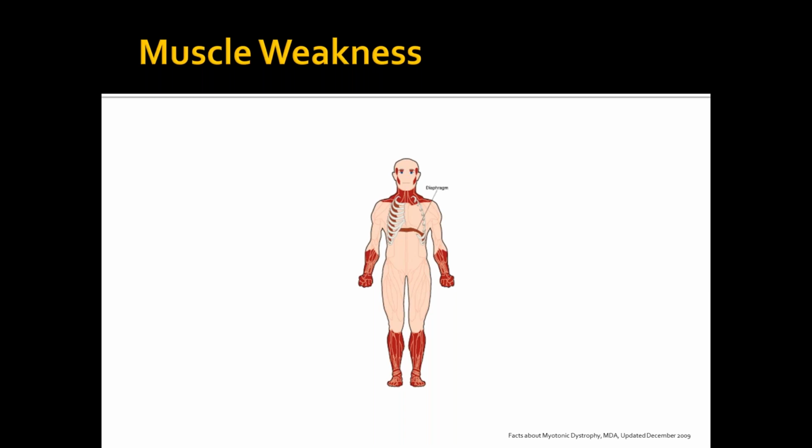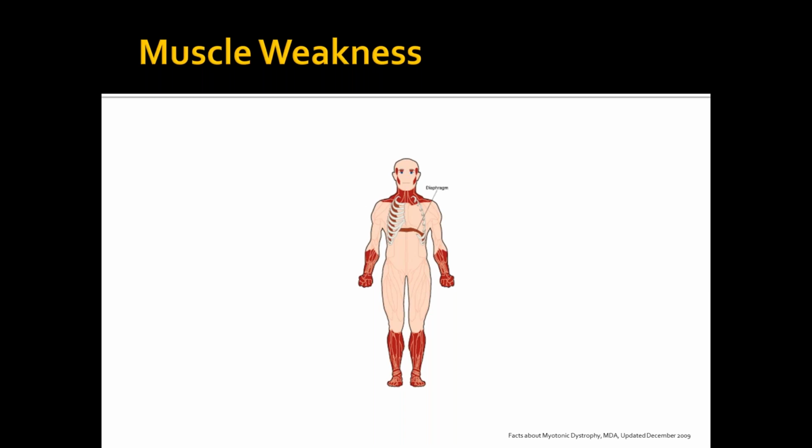So sometimes people might need some braces at the ankles to help them walk. We also notice some muscle weakness at the distal arms, or the ends of the arms, the hands. So some people will notice some problems with fine motor function, doing buttons, zippers, writing, things like that.